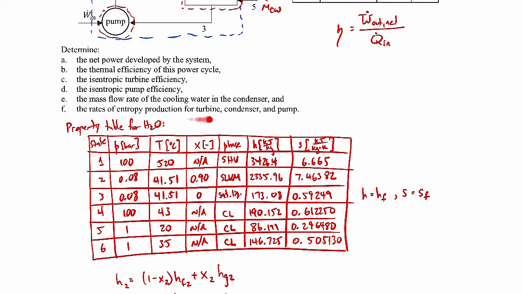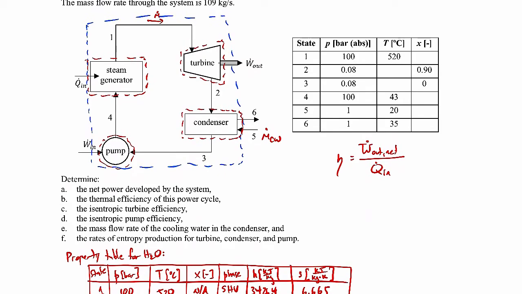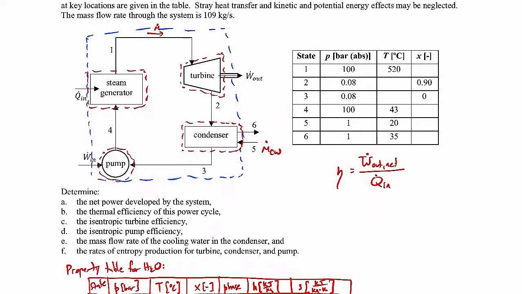Lastly, for part F, find the rates of entropy production for the turbine, condenser, and pump. Well, this will be an entropy equation problem, and we'll apply the entropy equation to the turbine, the pump, and the condenser. Those are the three that we're asked to find. So we'll just apply the entropy equation to all three of those.